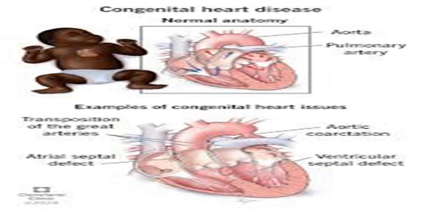In severe cases, babies may require multiple surgeries over time to fully correct the issue. Heart transplant. For severe defects that cannot be repaired, such as hypoplastic left heart syndrome, a heart transplant may be necessary.